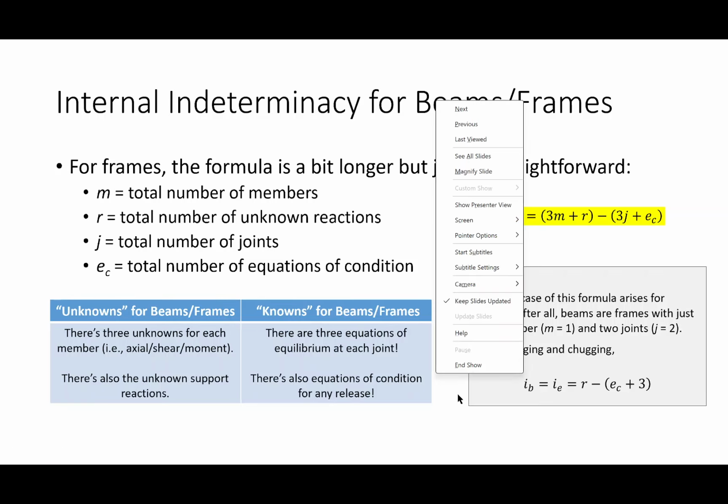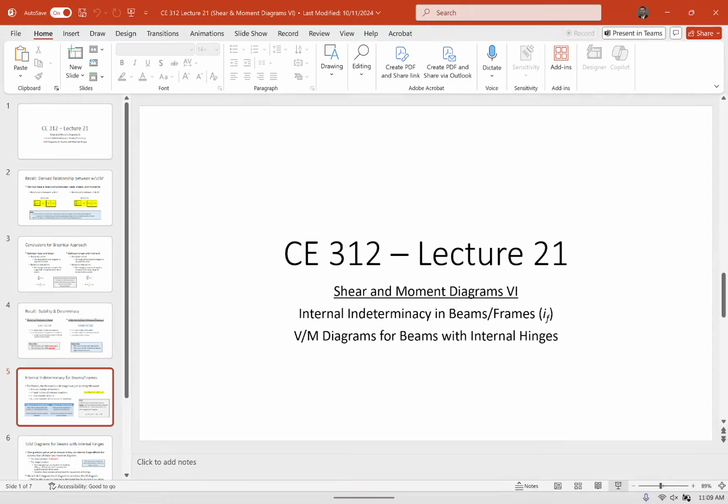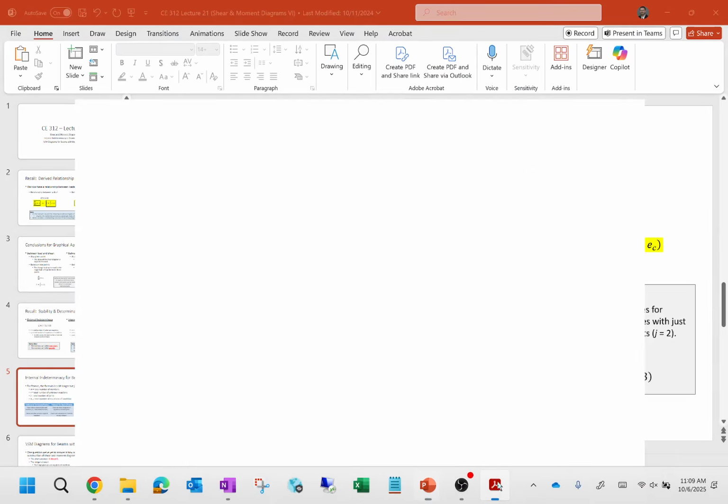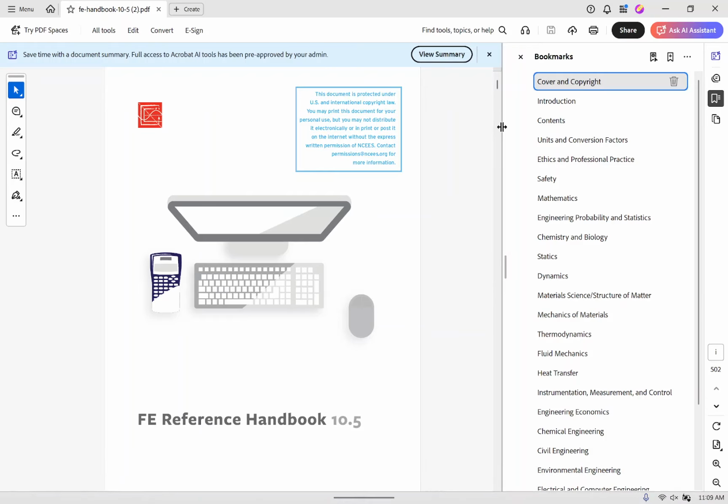The other thing I wanted to show you is the FE reference handbook. Has anybody looked at this yet? I hope you have. This is the reference handbook that you're allowed to control F during the FE exam, and it contains all of the formulas necessary for negotiating the exam.